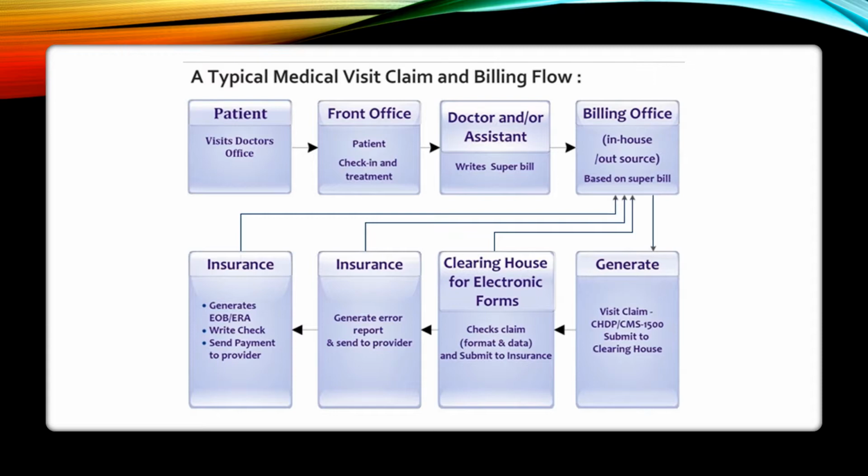Then the clearinghouse submits it to the insurance company, and once the insurance company gets it, they generate the error report, if any, and send it to the provider. Then they generate an EOB, either write the check and send a payment to the provider, or they will receive an EOB.